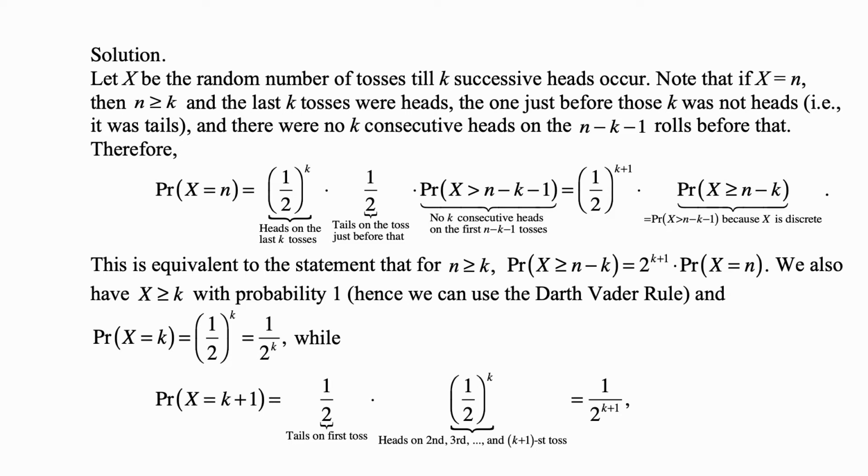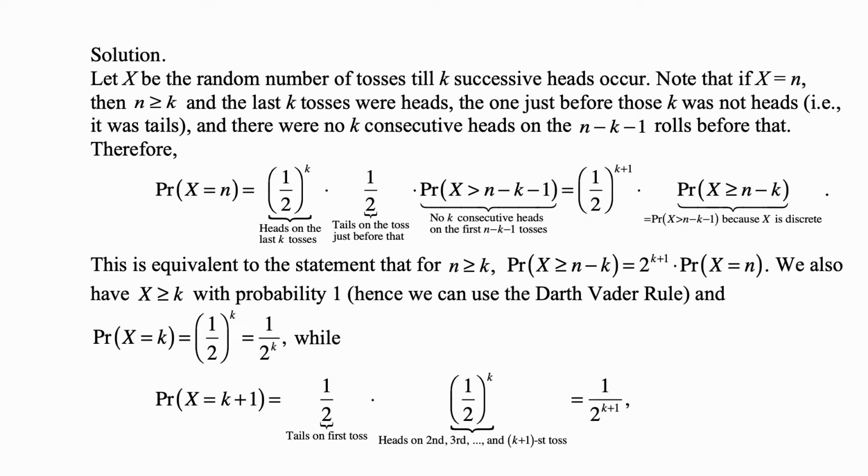Okay, well then if we multiply out the two powers of 1/2, that's 1/2 to the power k plus 1 times the probability that X is greater than or equal to n minus k. And so it's a form of a recursive formula for the values of this random variable that we just obtained. This is equivalent to the statement that for n greater than or equal to k, the probability that X is greater than or equal to n minus k is equal to 2 to the k plus 1 times the probability that X is equal to n.